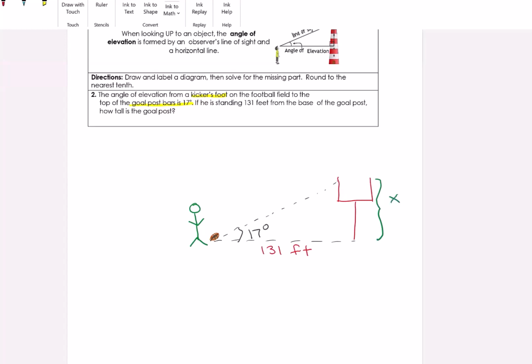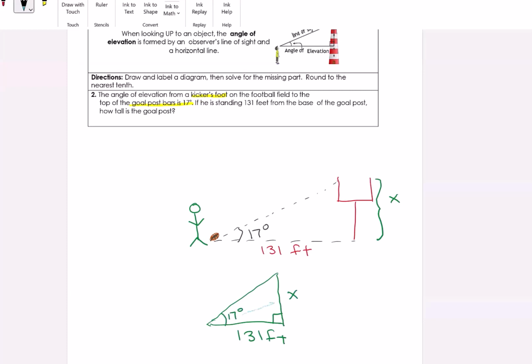And again, I'll call it X. And do I need a goalpost there? Not really. I can just draw a triangle. Here, my triangle has, this is 131 feet. This is what we're trying to find. And we know this is 17 degrees. And of course, I always want to make that 90.